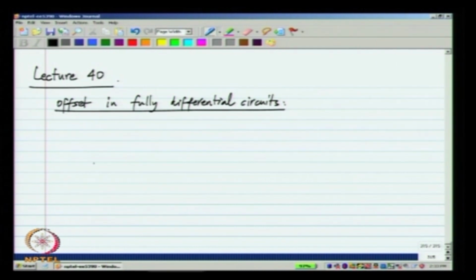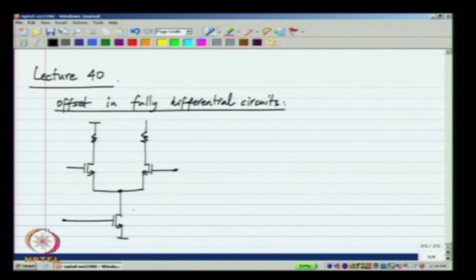Now, we saw that if you have a fully differential circuit such as the differential pair loaded by resistors, the differential noise voltage between these two nodes will have some spectral density SVO.